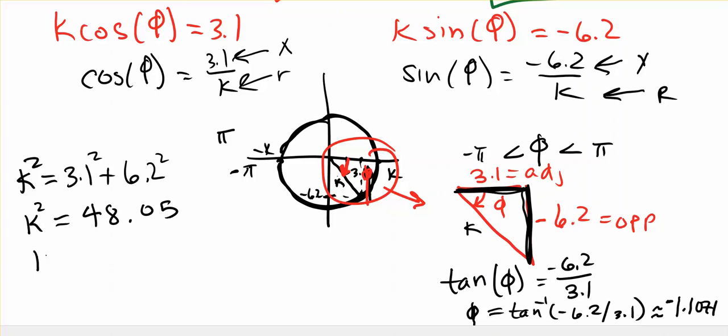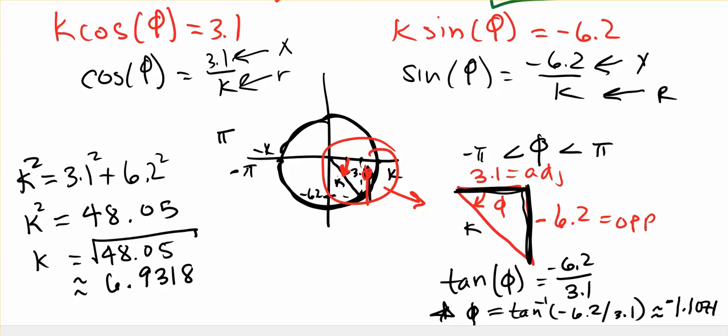Taking the square root of both sides, k is equal to the square root of 48.05, which is approximately equal, using 4 decimal places, to 6.9318. So now we have our phi and our k, and we can rewrite the equation from above.